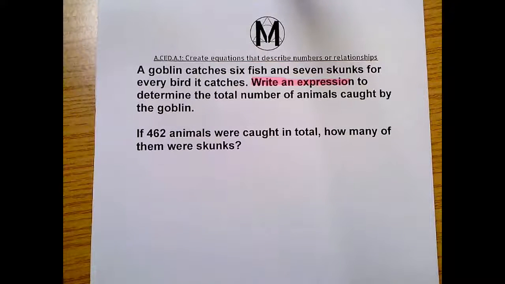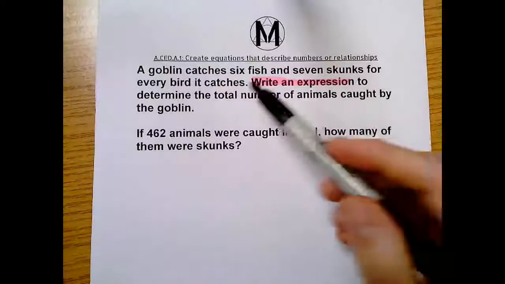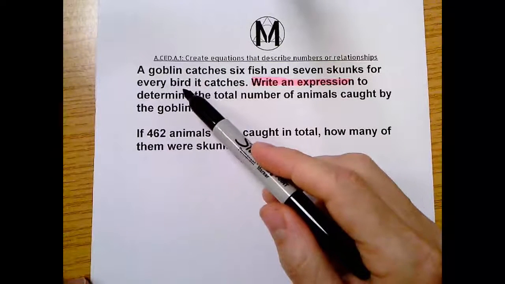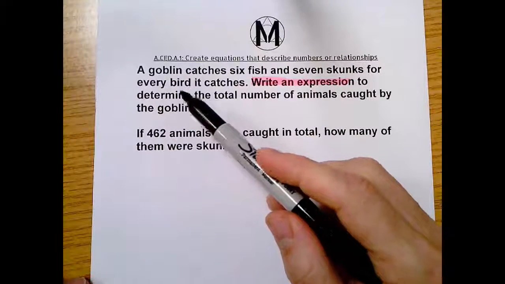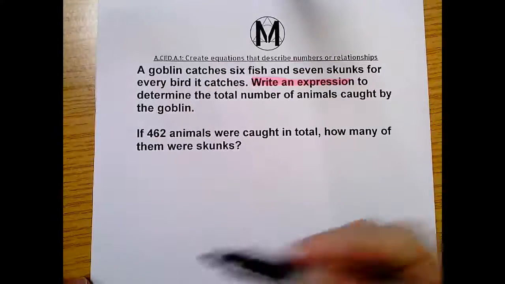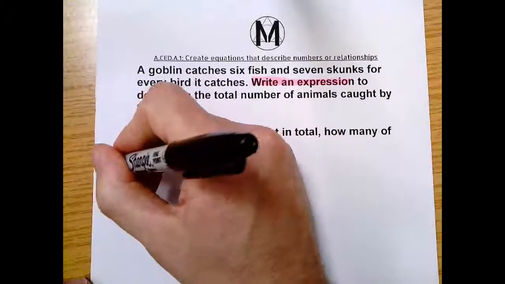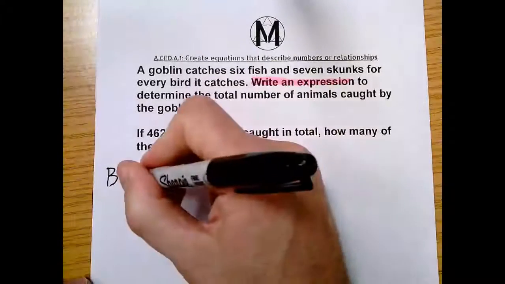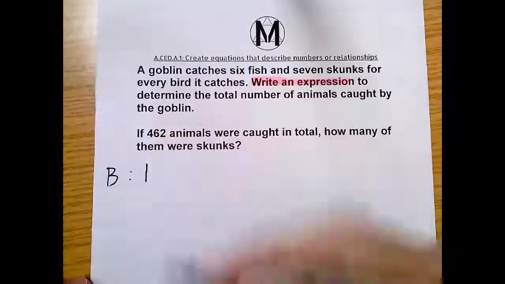So if we look at this, I think the first idea is to understand what the story is saying. We know that there's animals caught, and they're caught in a ratio, and it looks like the ratio all hinges on the birds that are caught. So we'll just put a B over here for birds. One bird was caught, and then something else happens.